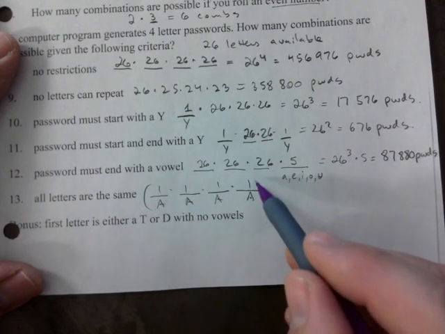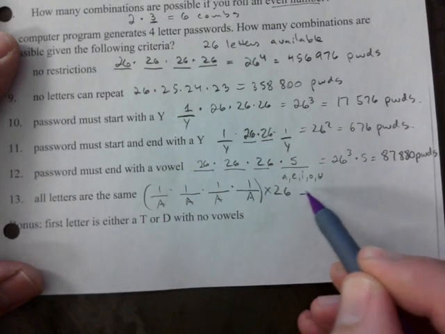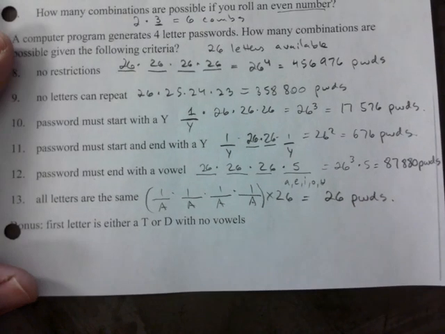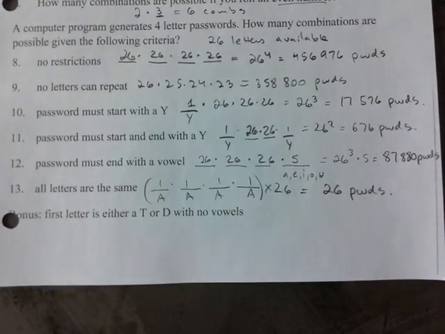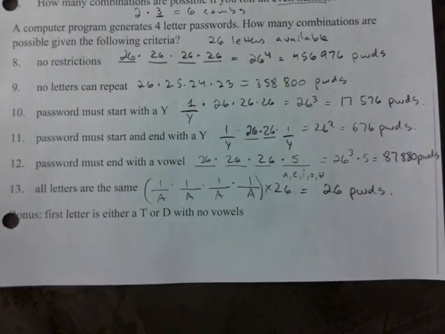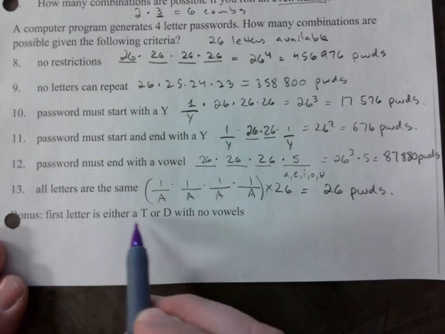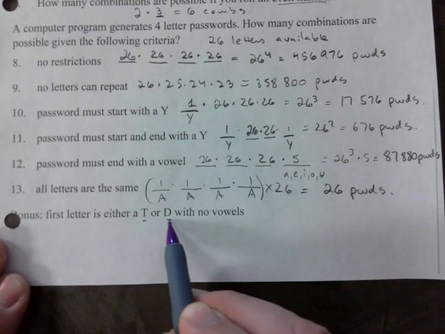So if you want to just take that whole thing, go times 26, there are 26 passwords available for you to make. So you have to consider that case that all of them can be B, C, D, and so forth. So it's 26 passwords.